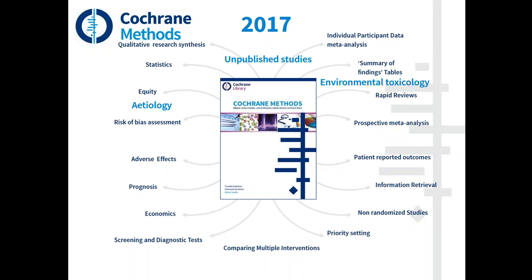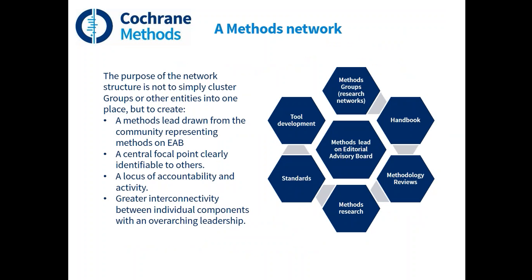And then obviously in 2017, there are others that are interested in coming in, and we have to think about how we manage this proliferation of interest, and how we create an organisational structure that can actually make that effective and work within Cochrane.